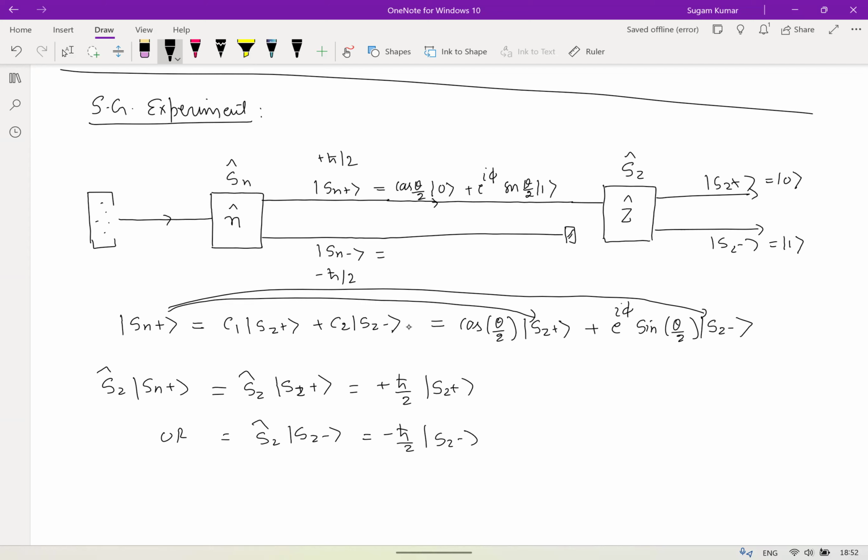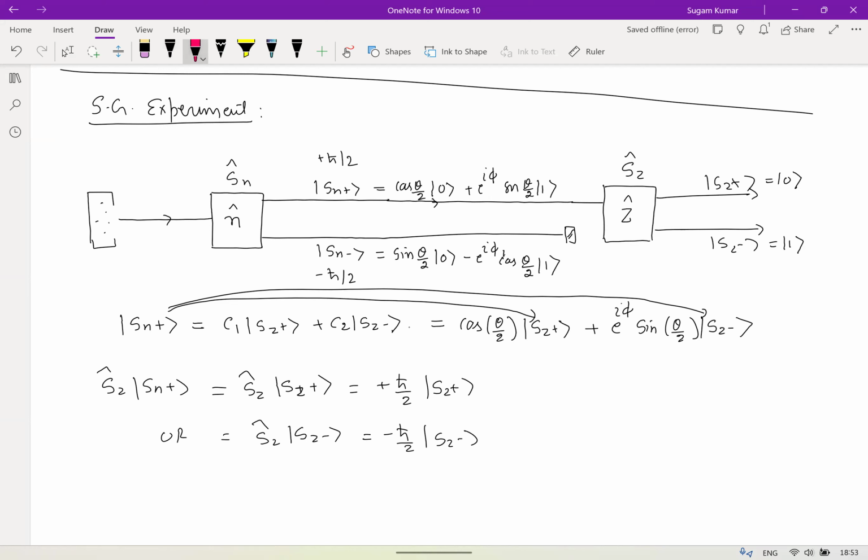Whereas the second part, look at the matrix above, I already wrote, it is going to be sine theta by 2 and 0 and minus e power iota phi into cos theta by 2 into 1.